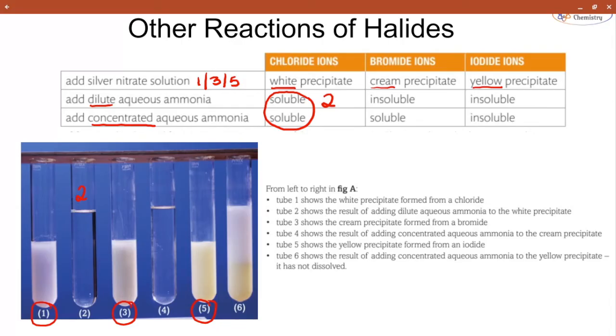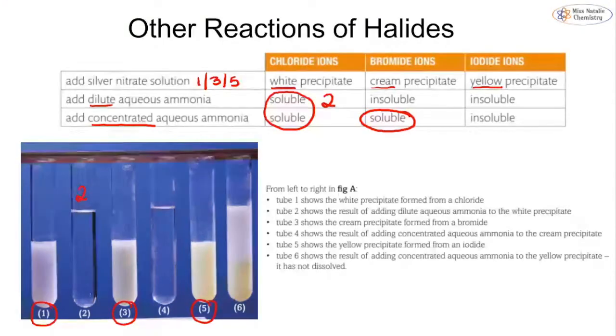So what we would do is add concentrated aqueous ammonia, and what we would see is that it does dissolve in the concentrated but not the dilute. And that's what we see in number 4 here. So this is going to be my chloride, and this is going to be my bromide, which dissolves only in concentrated aqueous ammonia.